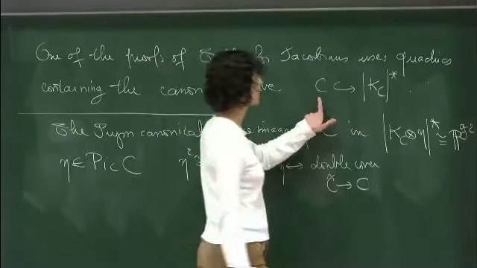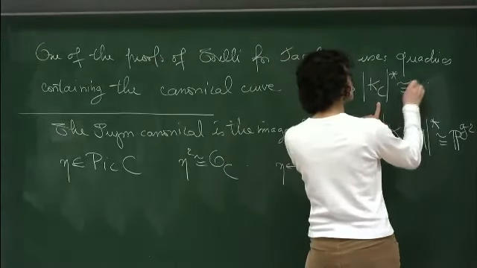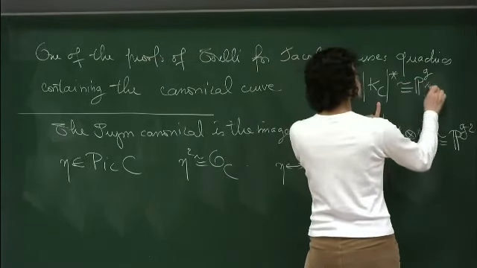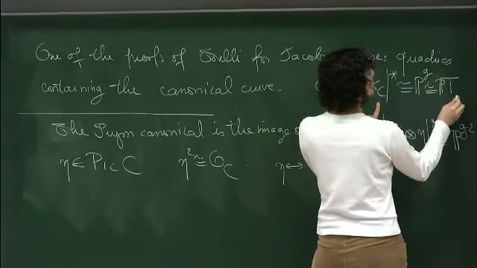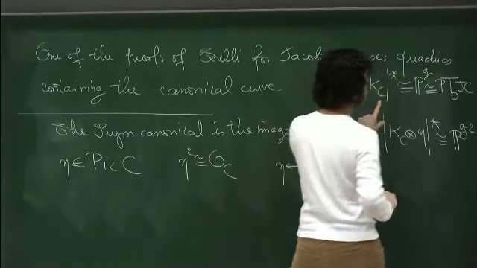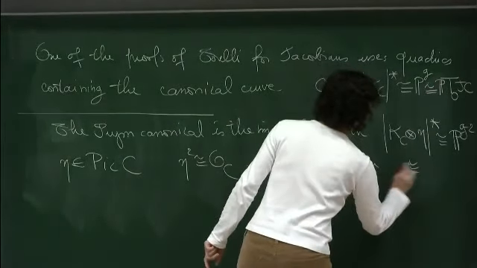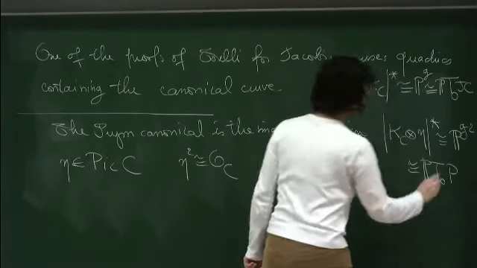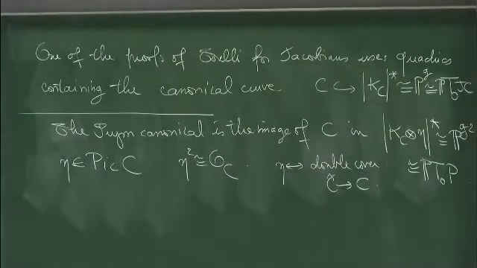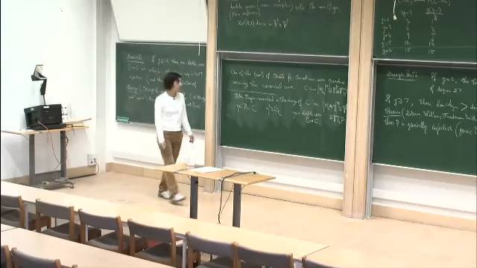You have the canonical curve in here, and this is all isomorphic to P^(g-1), which can also be identified with the tangent space to the Jacobian at 0. And this one can be identified with the tangent space to the Prym at 0. So there's a similar construction.